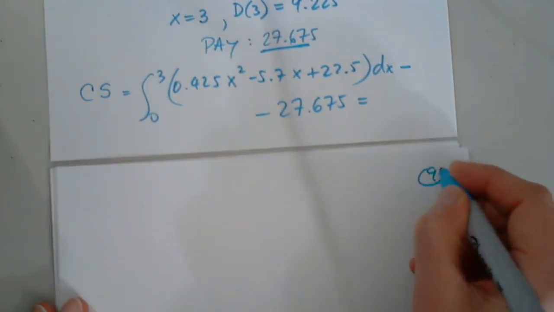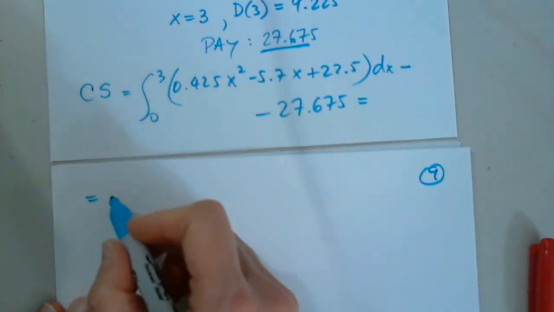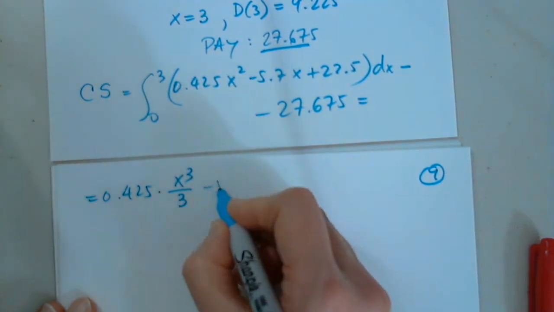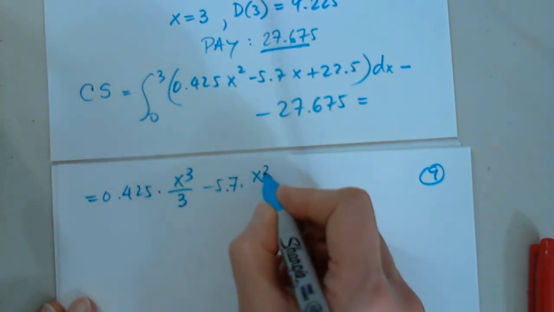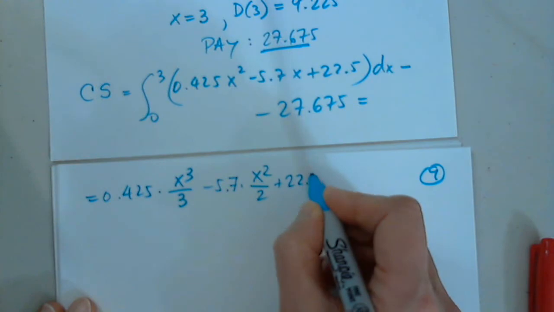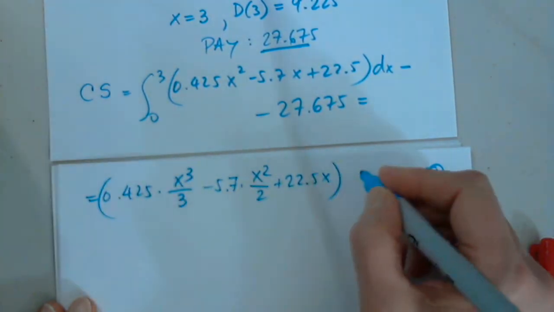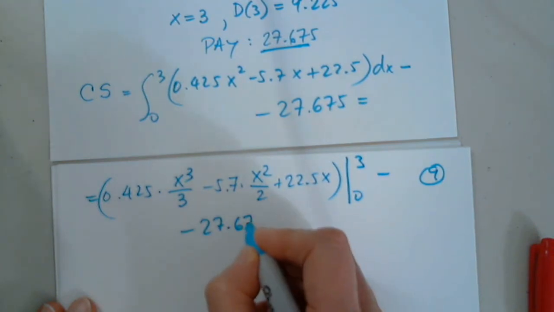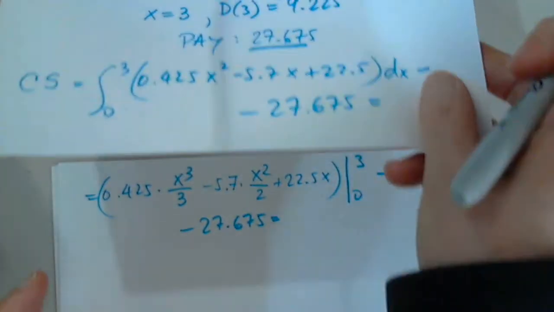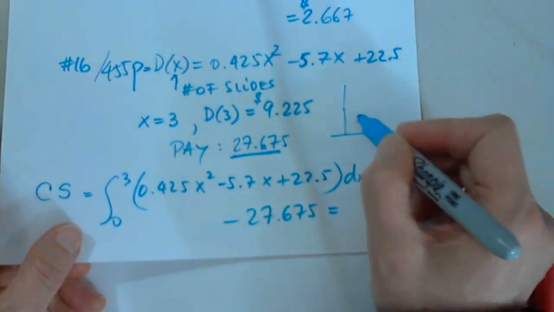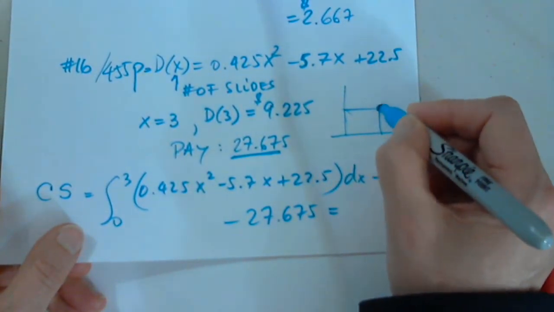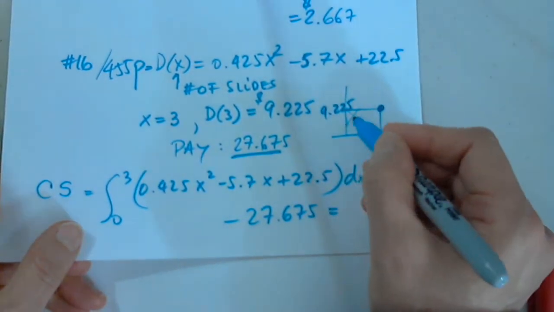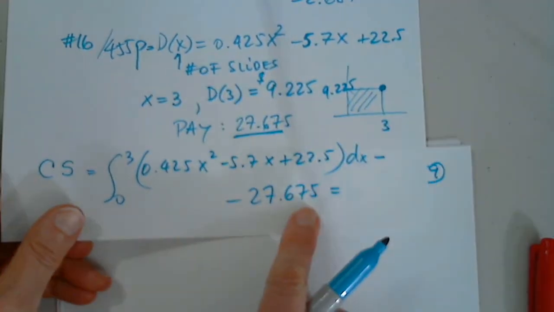Okay, here it is. 0.425x to the third over 3 minus 5.7x squared over 2 plus 22.5x from 0 to 3, minus 27.675. That is the area of the rectangle. So this is the point. The point is 3, comma 9.225. And the area is 3 times 9.225.